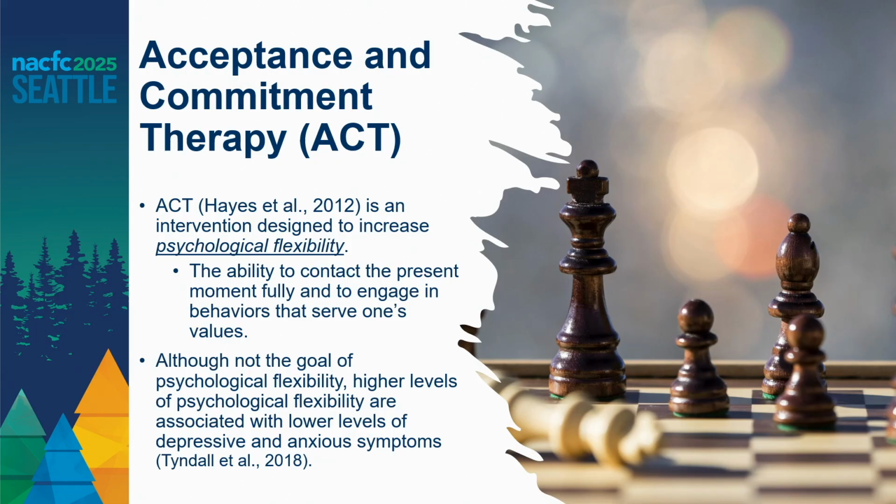When we talk about psychological flexibility, we're talking about the ability to contact the present moment fully and engage in behaviors that serve one's values. If symptom reduction happens as part of that, that's awesome. That's just not necessarily where everything is driving in therapy. And in general, we do see that when people become more psychologically flexible, that is related with decreased symptoms of anxiety and depression.